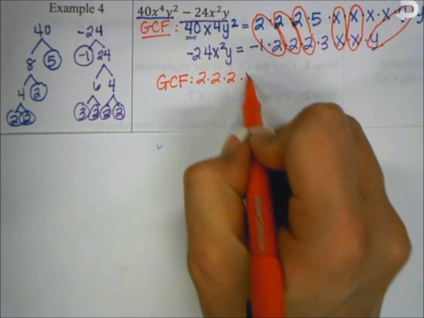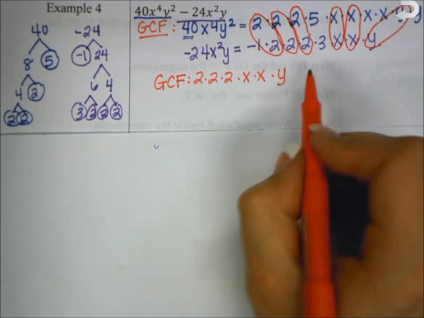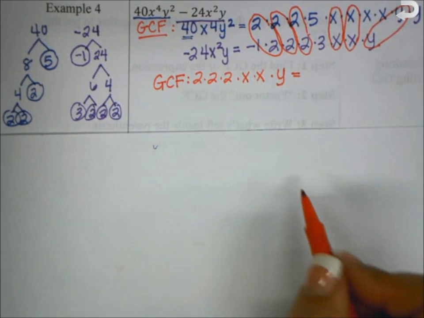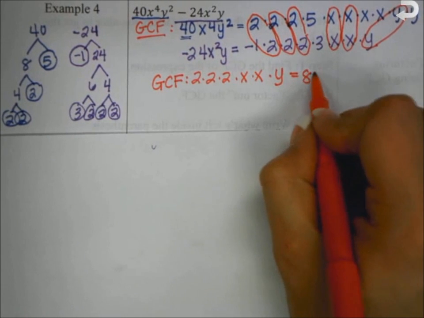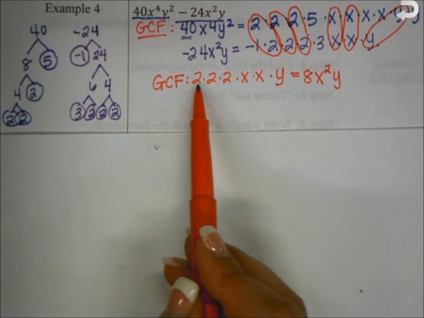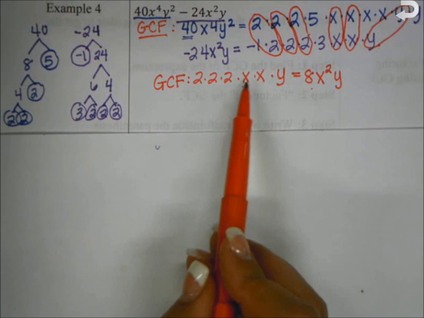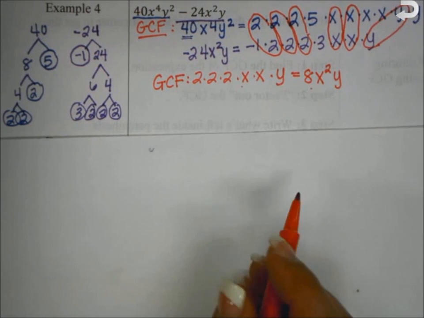Okay, so what does that simplify to? 8x squared y. So we multiply 2 times 2 gives me 4, times 2 gives me 8. X times x is x squared times y. So my GCF here is 8x squared y. So that was the greatest common factor.